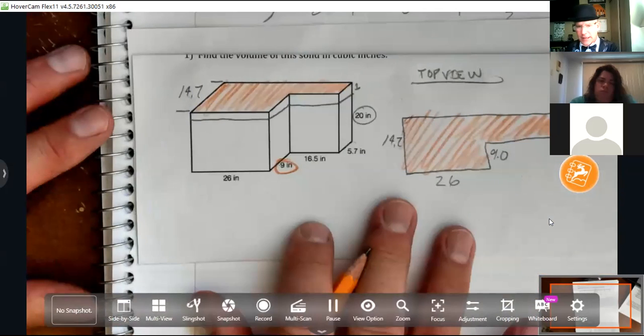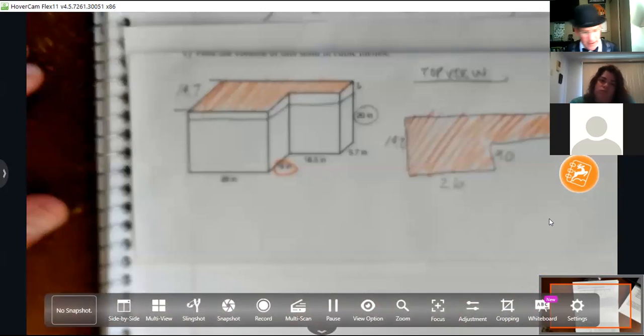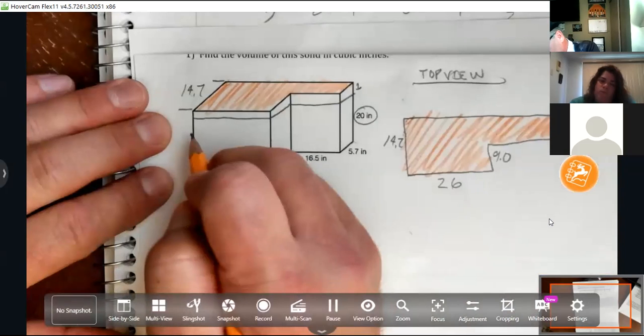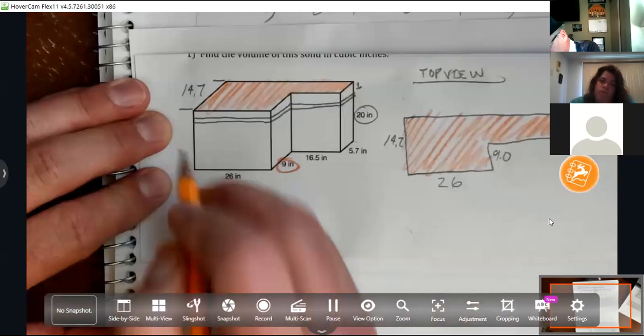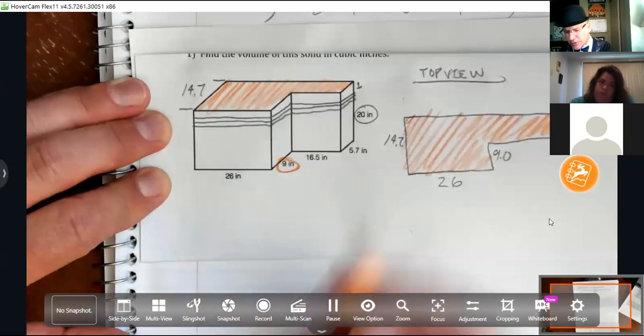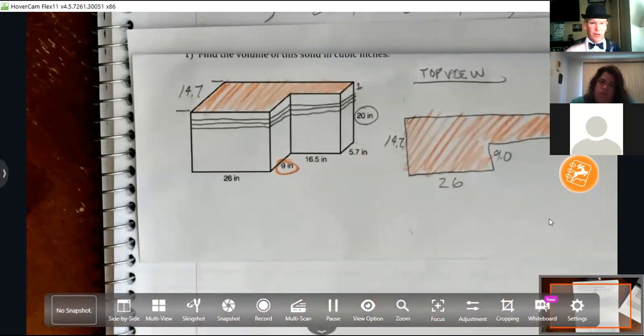So we're now looking at the top view. So all we do is we're going to calculate the area of the top view, and when we get that number, we're going to multiply that by 20 because remember, we have 20 layers across this thing. So picture it being split up into 20 layers. So we're just doing layer 1, which would be the orange part.